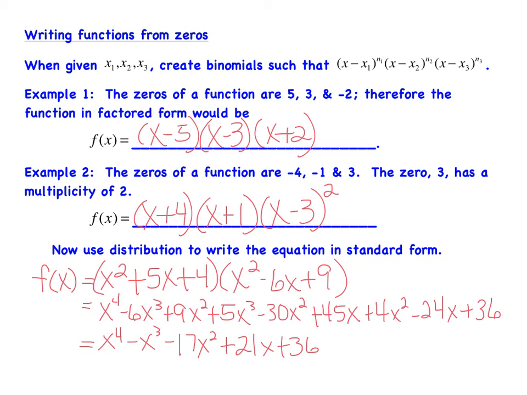Now I'm ready to move to my first degree terms, which are 45x and minus 24x, and that gives me a positive 21x. Now there is only one constant, so I just bring it down. So there you have it. We have converted our equation from factored form to standard form.